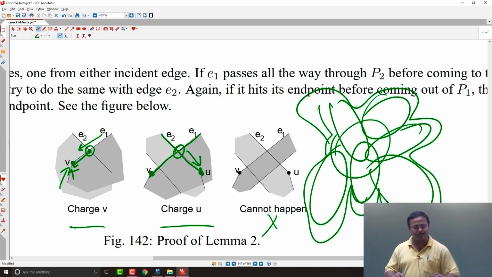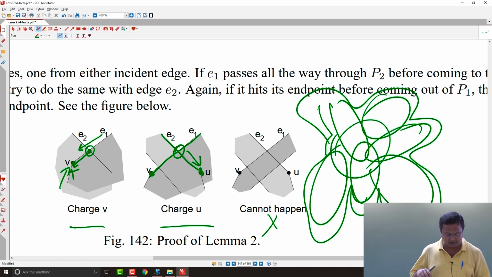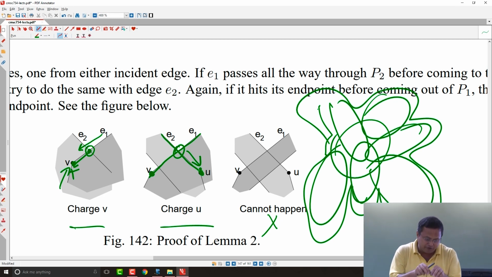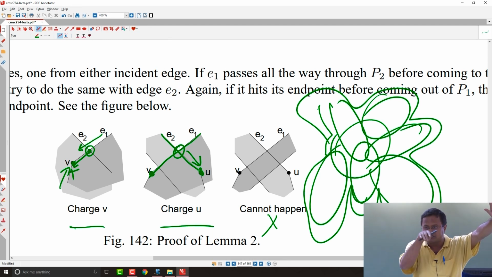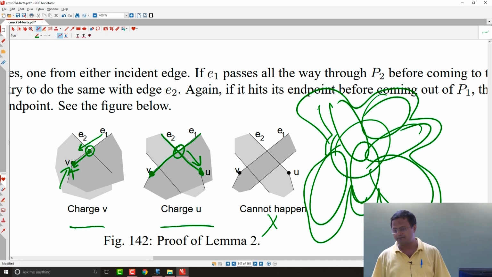So, what you are doing is essentially looking at all intersections and intelligently shifting the counting charge to the original vertices. There were n original vertices to start with, and because of this shifting charging argument, I saw that you can shift only a constant number of charges. So, in all your count is order n.